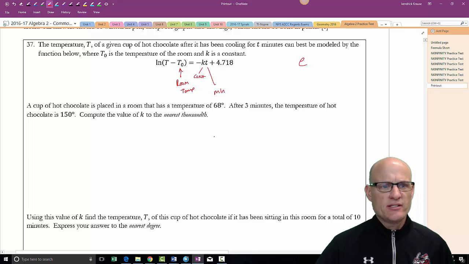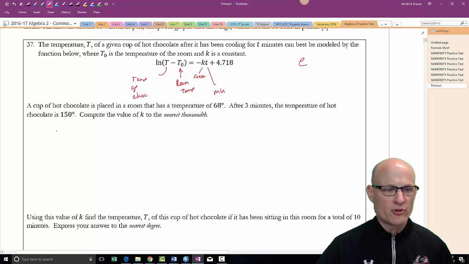And what's T? This T is the temp of chocolate. Ooh, chocolate. So a cup of hot chocolate is placed in a room with a temperature of 68 degrees. So my T0 is 68 degrees.